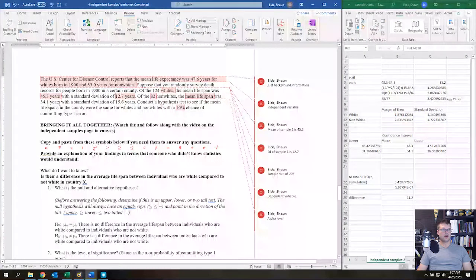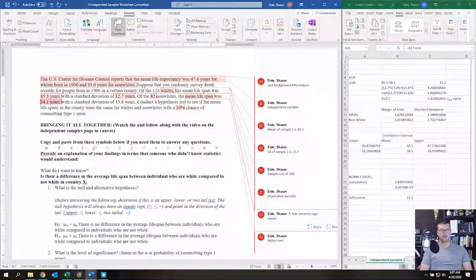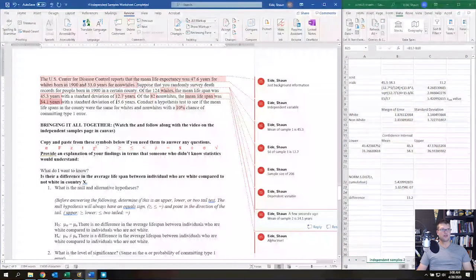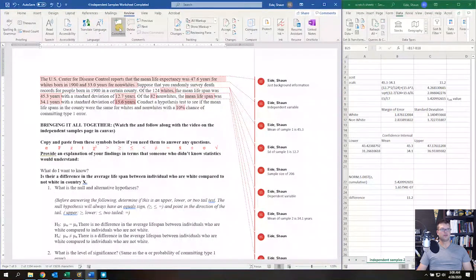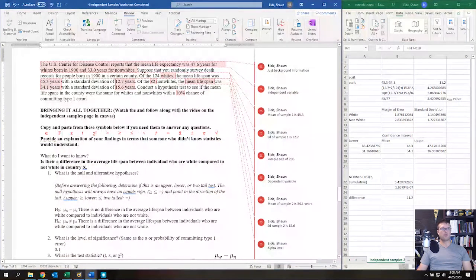Then we have the mean of sample 2, which is 34.1. And we also have the standard deviation of sample 2, SD sample 2, is 15.6. And then we have the alpha level of 10%, or 0.1.